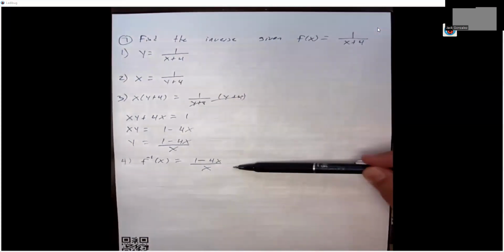Are there any questions on the algebra? Final step is you change y into f inverse, because that is what we are looking for, right? So change to y, switch y and x, solve for y. That's it.